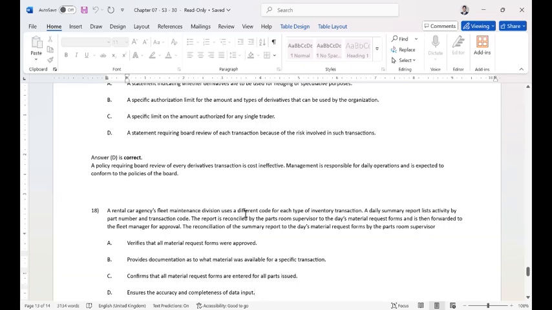What is the answer? The daily summary report lists activity by part and transaction code. The report is reconciled by the parts room supervisor to the material acquisition forms. You have the material acquisition forms, which are reconciled with the summary report, which has the part number and all.